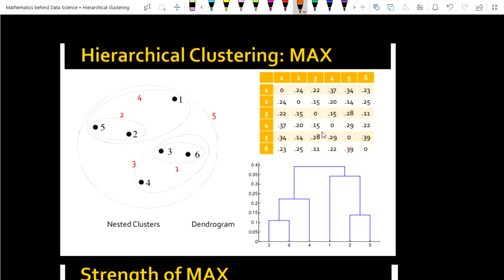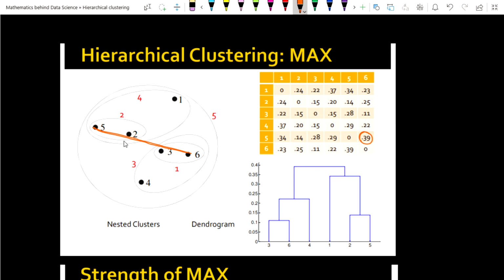I think it is 0.39, between 5 and 6. These are the maximum distance.